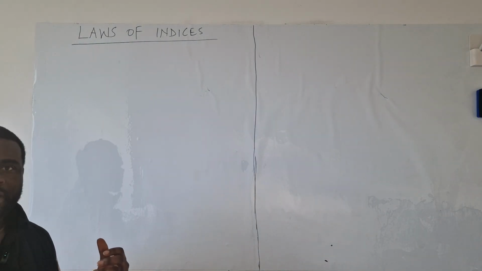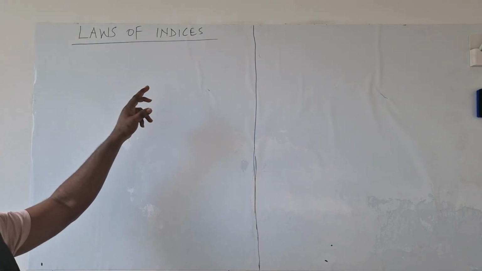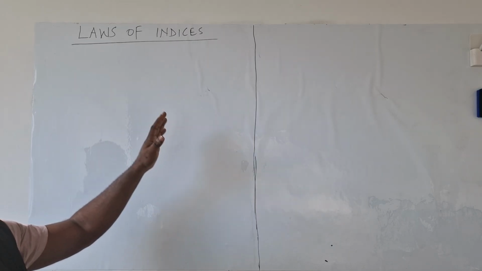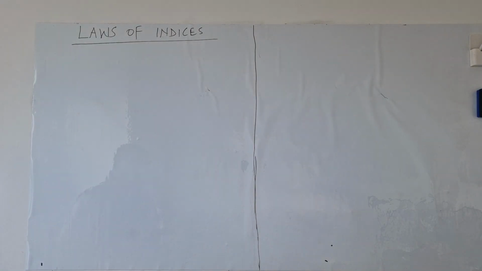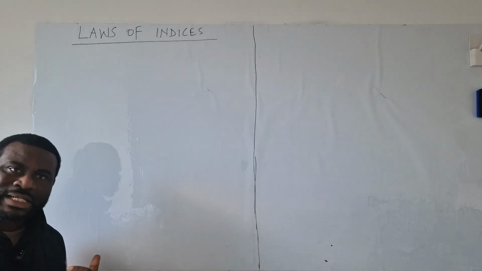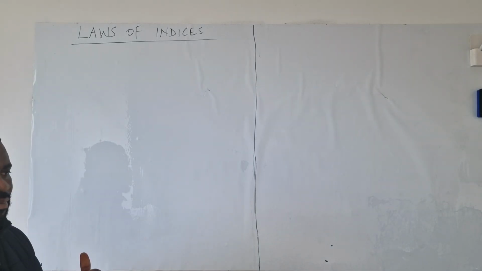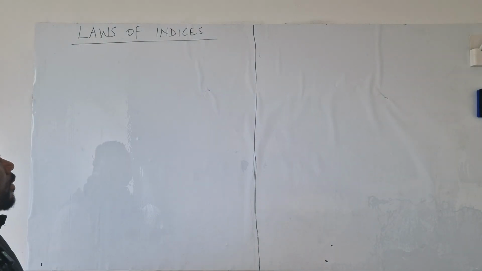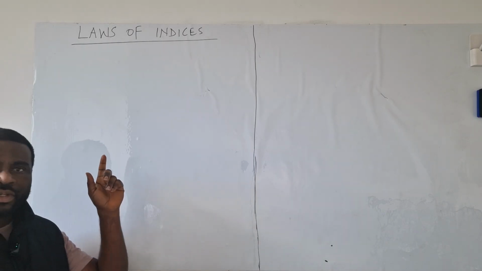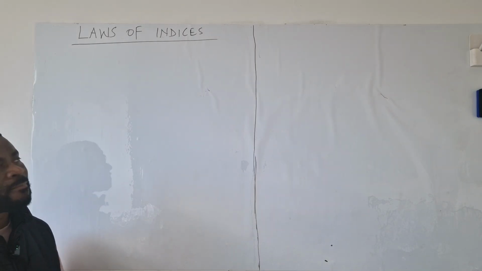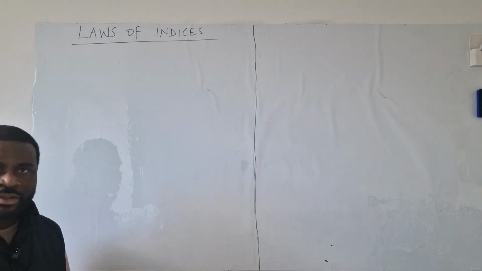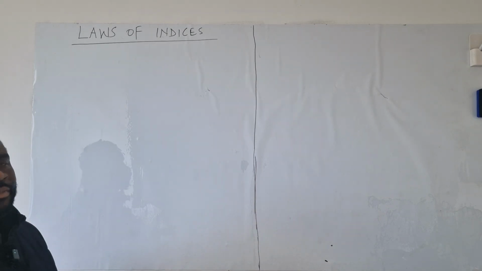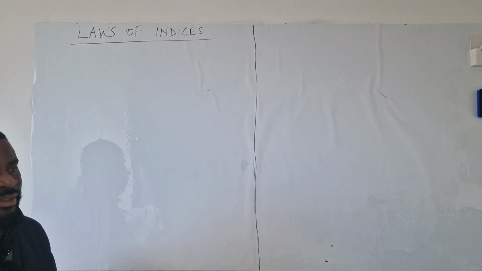Now, today we are looking at laws of indices. Laws of indices with examples that will help you to understand the laws better. But before we take the laws one after the other, let's have a flashback on the general meaning of indices.